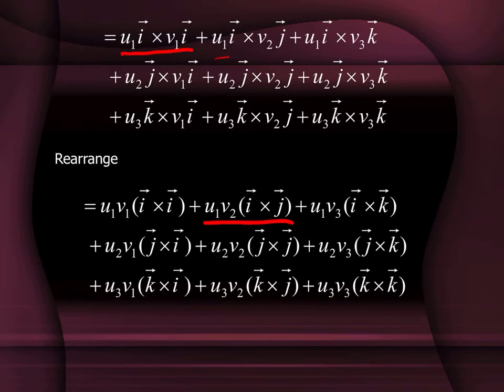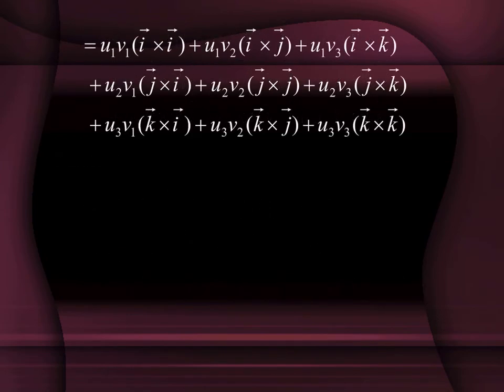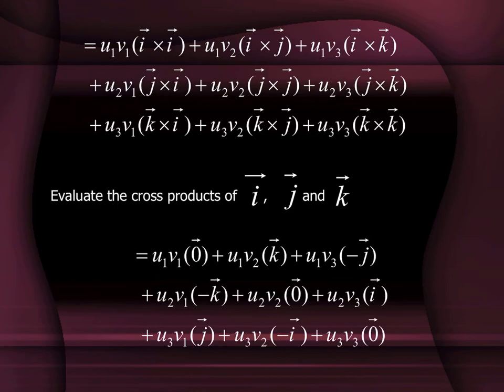But look at this one here became u1 v1 multiplied with i cross i. And this one here became, up here, u1 v2 with i cross j. So then I can do those individual cross products. And these individual cross products are just the exact ones I was just showing in the Word file over there, that you're just cross producting two unit vectors.